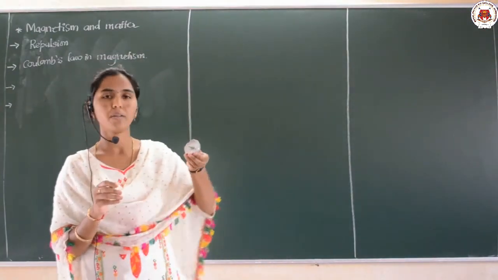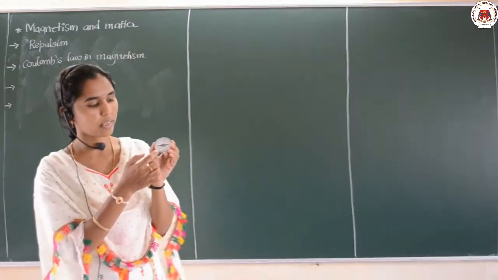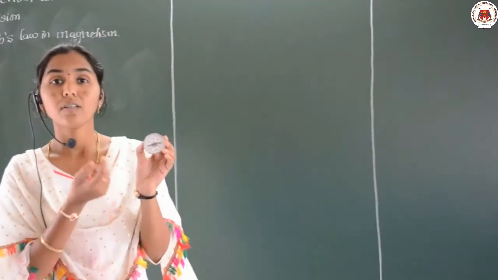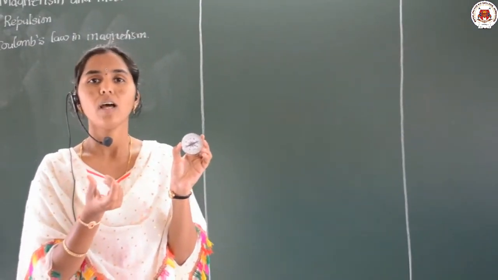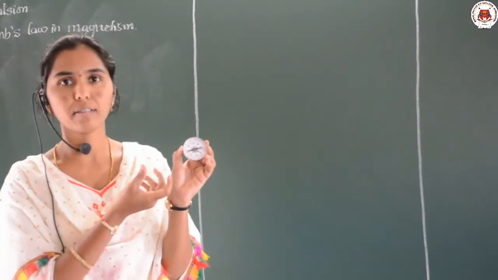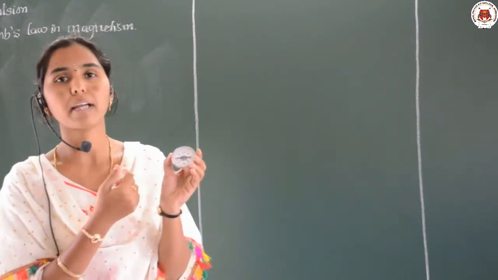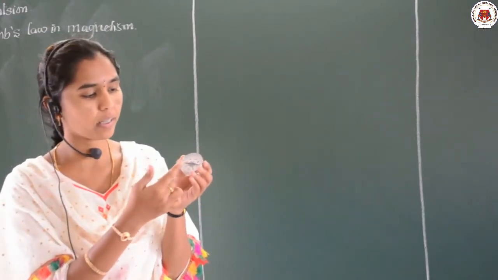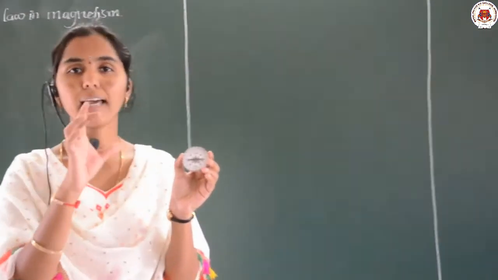Okay. Then another magnetic material is there, that is the magnetic compass. See dear children, this is a what? The magnetic compass. Okay. Earlier days people used this to find the direction in navigation, right? This magnetic compass shows us the north, and as you move it, it will show us the direction.